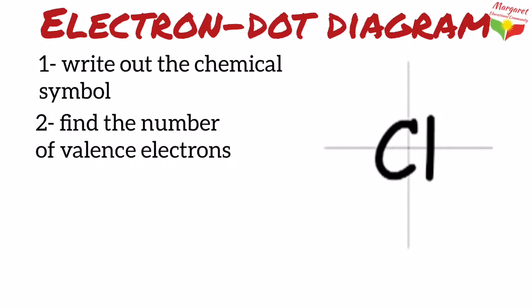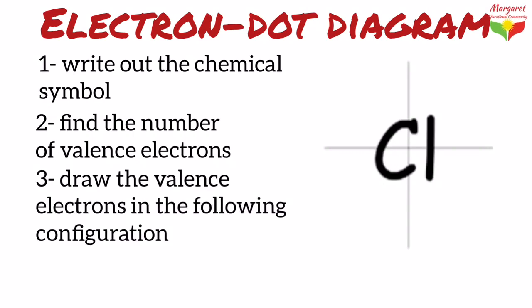One configuration that I really like to use is the cross method. I put a cross right through the symbol, starting from the top, or you can start from any point of the cross. Start to draw one electron at a time at each end of the cross. So we draw our first at one end, the next one, the next one, and the next one. So we draw one at each end of the cross. Once we've drawn one at each end, then we can start to pair up.